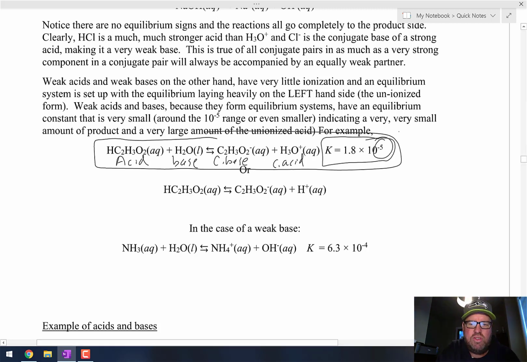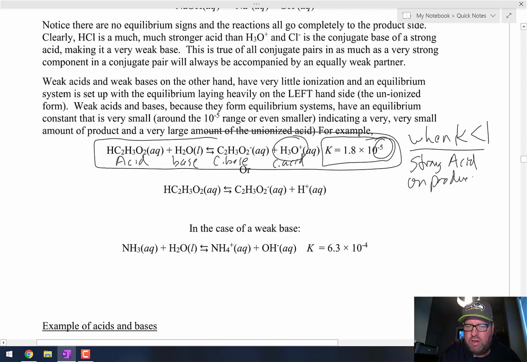That tells you this acid dissociates easier than the other acid does, and therefore that makes it a stronger acid. So when K is less than 1, the strong acid is on the product side.